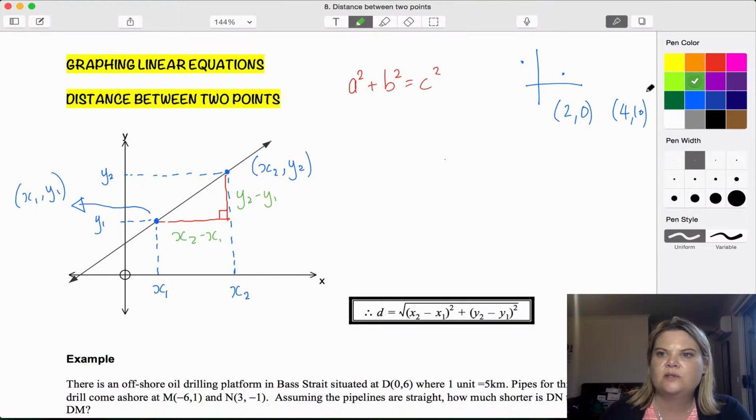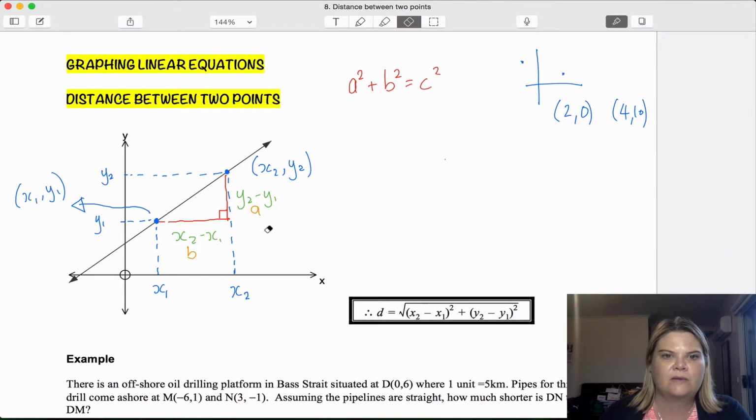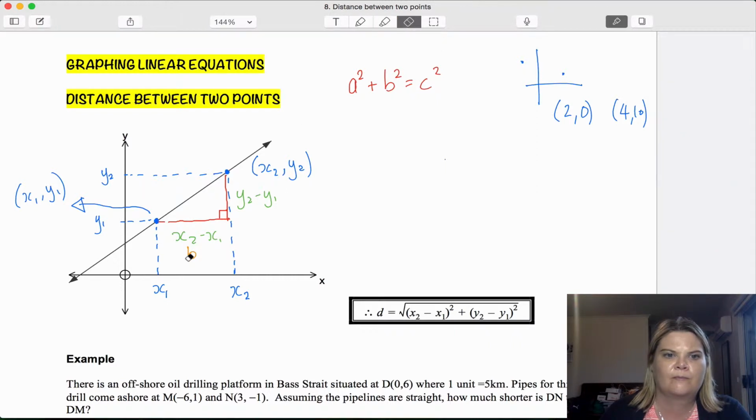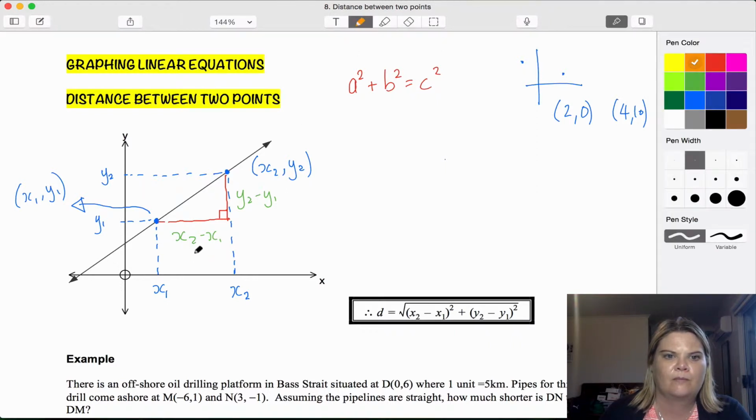And if we substitute these in, might give them a different color, so we could make this side A and this side B for our formula up here. Actually, I'm going to flick those around so the formula works okay. Doesn't matter which one's A and which one's B. This one will be A, this one will be B.